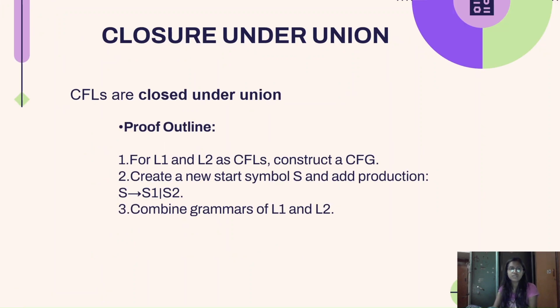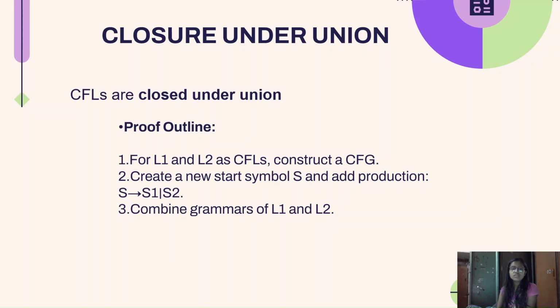Closed under union. So the CFLs are closed under union, wherein the proof outline shows that for the L1 and L2 languages as CFLs, we need to construct a CFG, that is the context-free grammar. Here L1 is language 1 and L2 is another language.